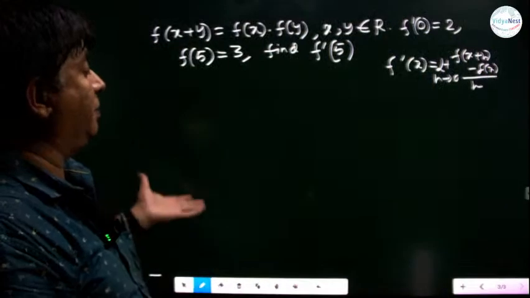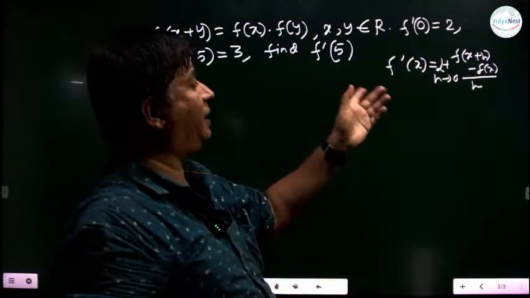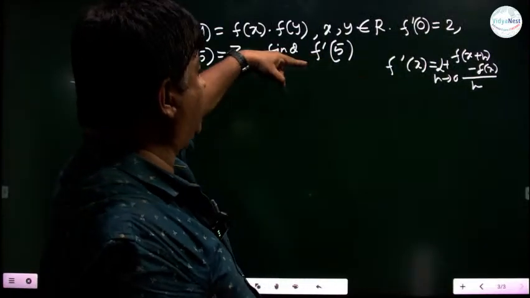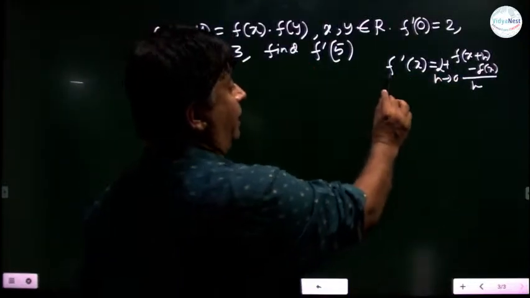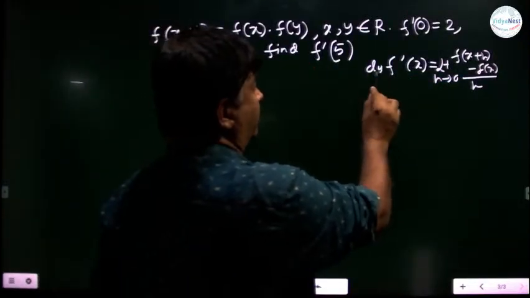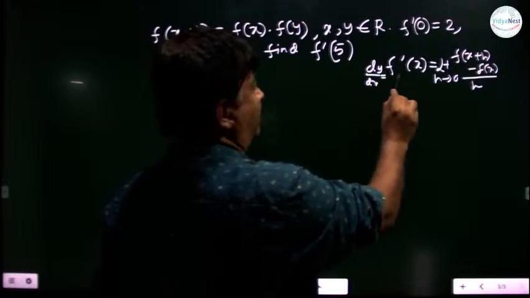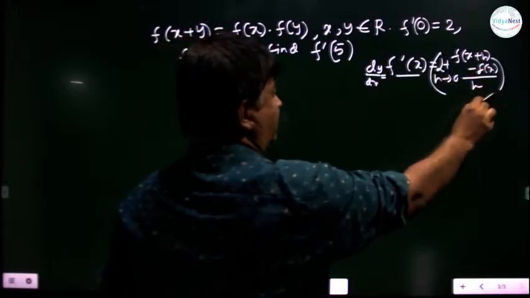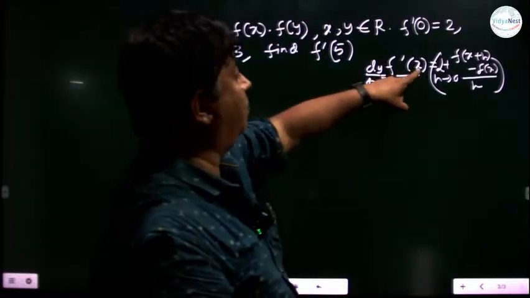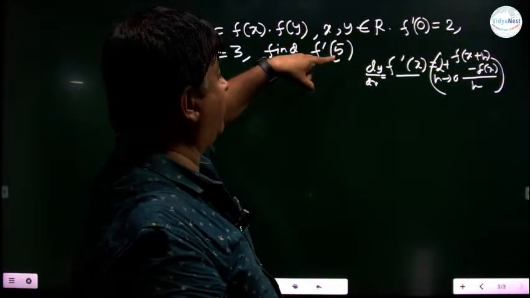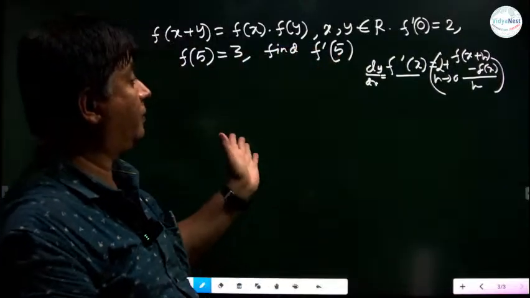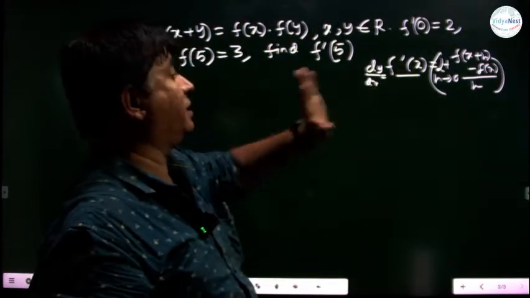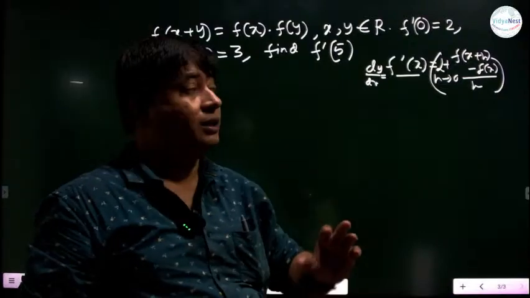Now you can ask me how I can find a relation of this sum to this formula. You see here dy dx or f dash x are defined by this, but here in place of x you are told to find what? 5. So there is the connection.